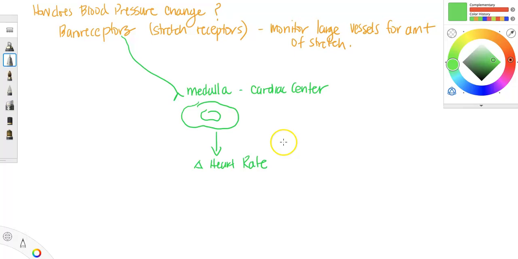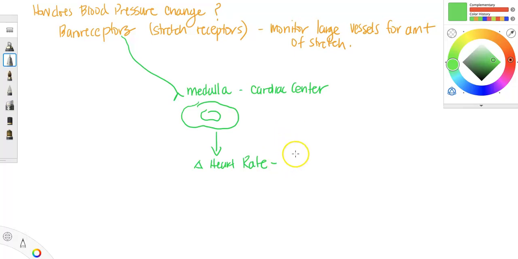Based on the amount of stretch, if the vessels have a bunch of stretch on them, that means pressure is high. If there's no stretch, that means pressure is low. So there are different things that can be done to change that, to affect that. And one thing is to stimulate the heart. So heart rate can be changed.